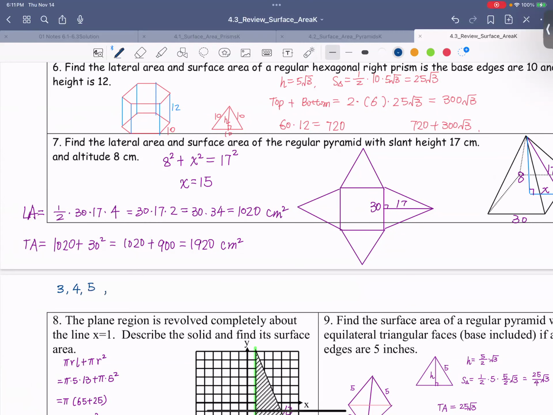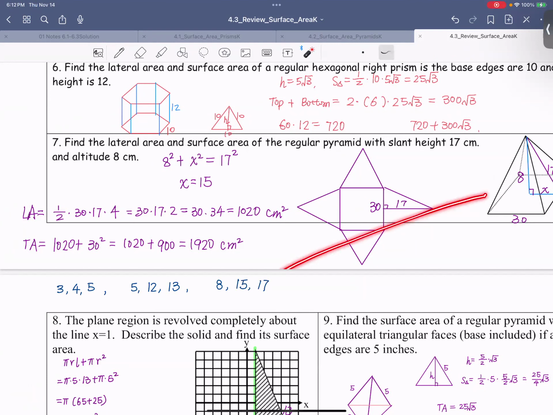What else? 17, 23, 24. Really? Sounds not right. It's 5, 12, 13, correct? Yeah. 8, go. I don't know this one. You need to remember this. This question shows you why you need to remember this, okay?